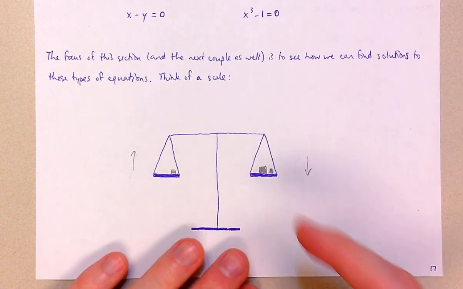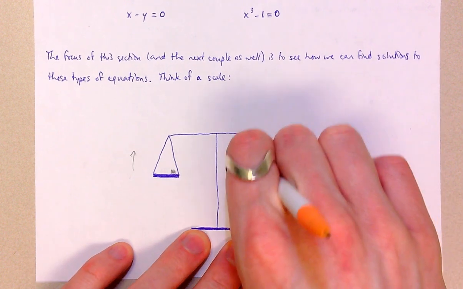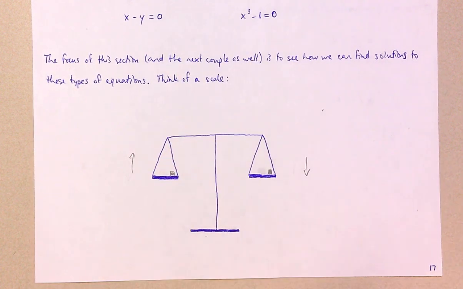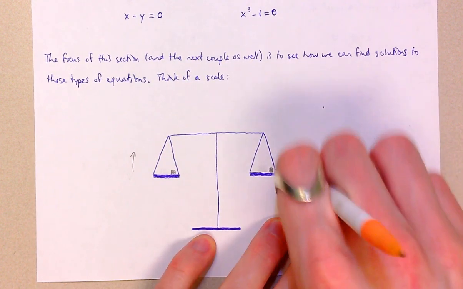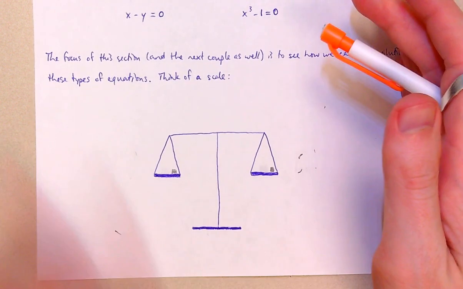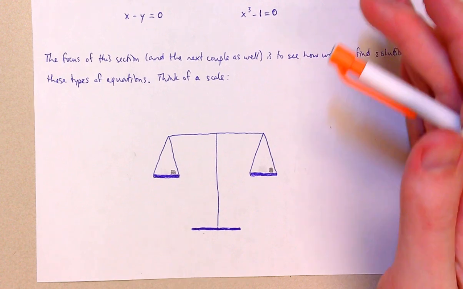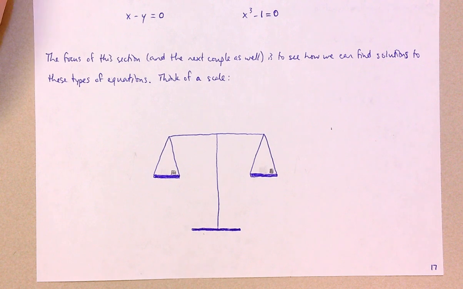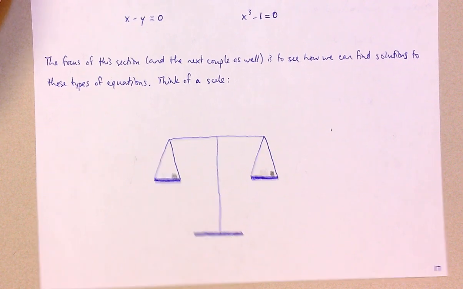Well, I'm going to have to take off that same large weight. And now, when I do that, we're going to have the same amount of weight on each side, and our scales will be even once again. And this is a nice visual and a nice way to think of working with what's known as the adding property of equality.